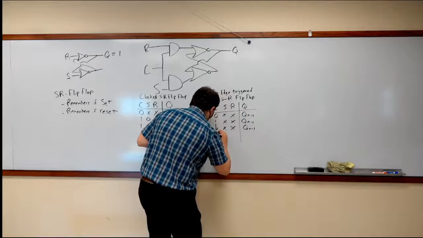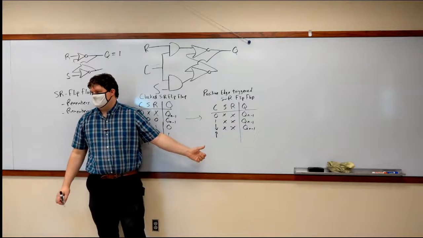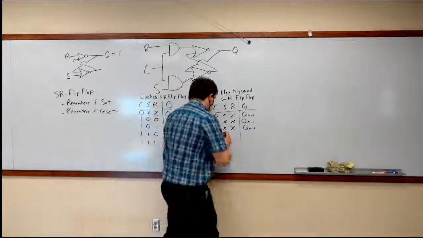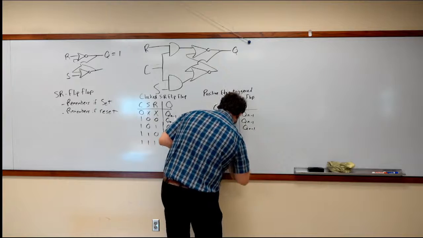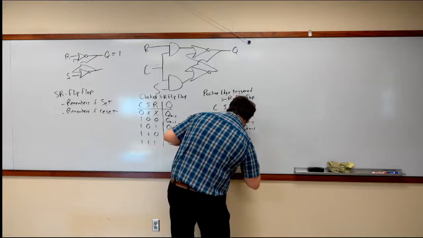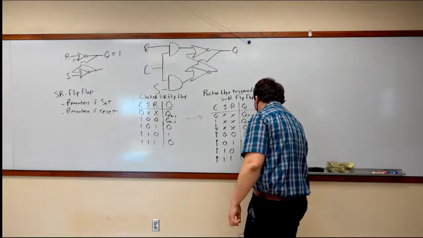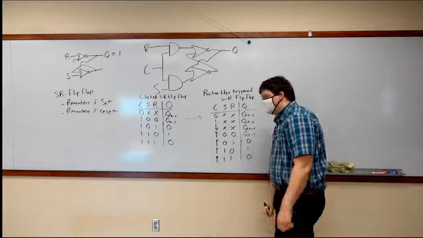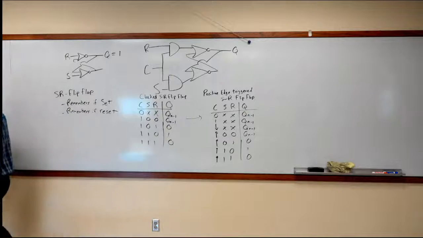And only if the clock is changing from a 0 to a 1 does it matter, and then we draw in our standard truth table for SR, which is Q n minus 1, this is 0, 1, 0. Okay? So that is now an edge-triggered SR flip-flop.